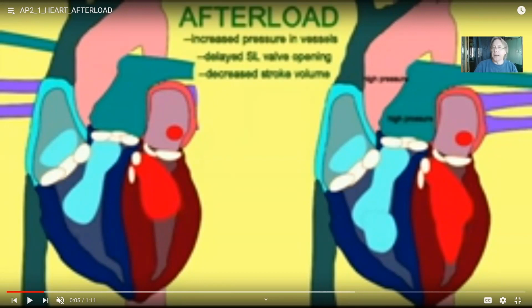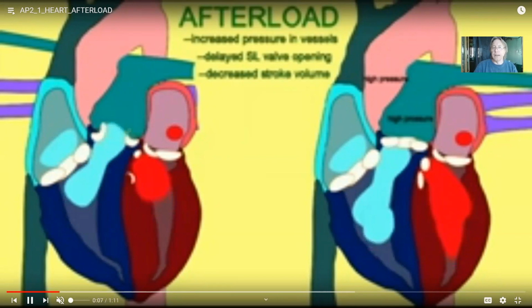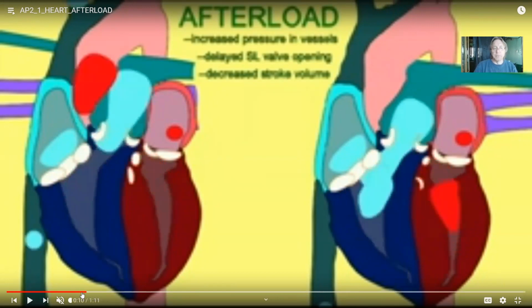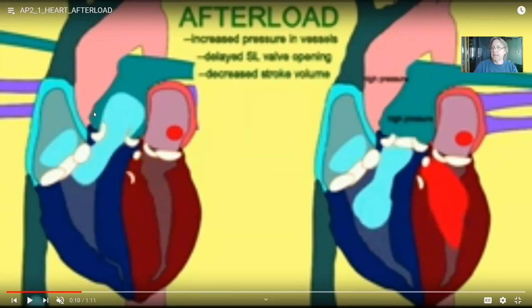But the person on the right has a higher pressure in the vessels. So notice that the person on the left is ejecting blood. There is blood in the person on the left, which is leaving the ventricles and being ejected into the vessels, but on the person on the right, no, because the ventricles have to squeeze and squeeze until the pressure here exceeds the pressure that was in the vessels.